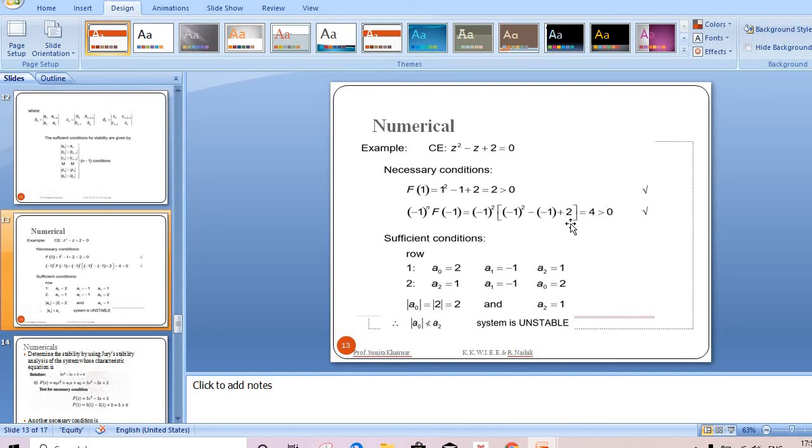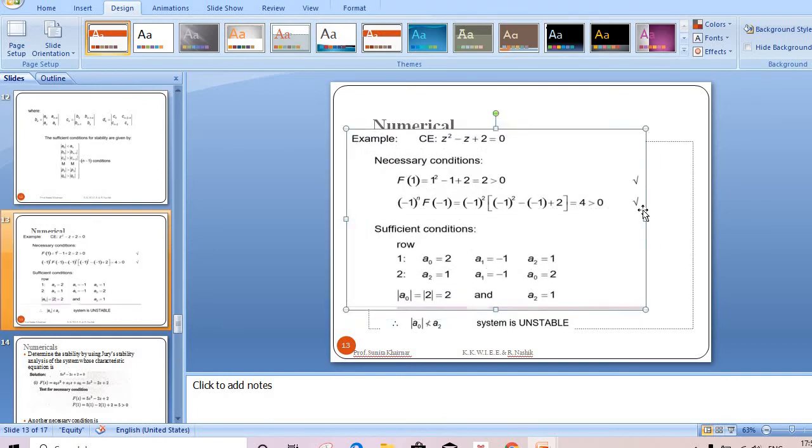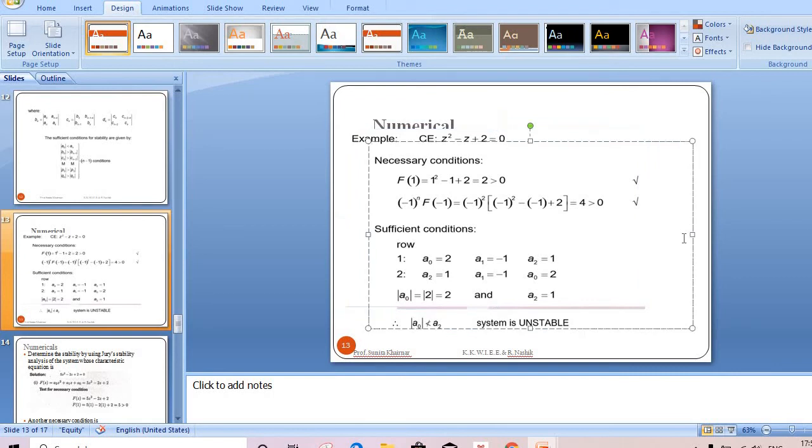By solving this, the answer is 4, which is positive, greater than 0, and hence this second necessary condition is also satisfied. But from this we can't say whether the system is stable or not, because we again have to check the sufficient conditions.